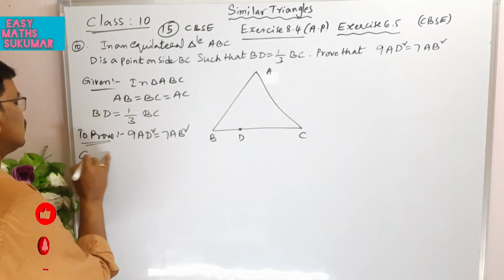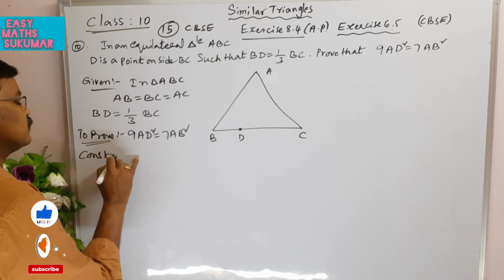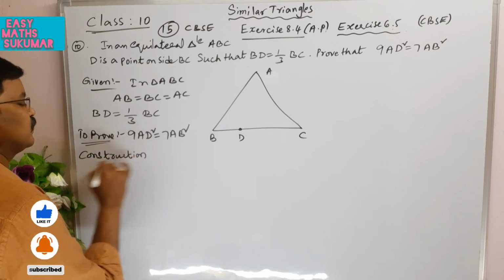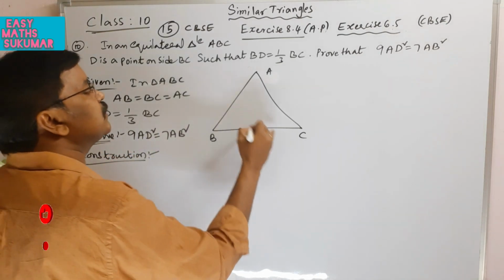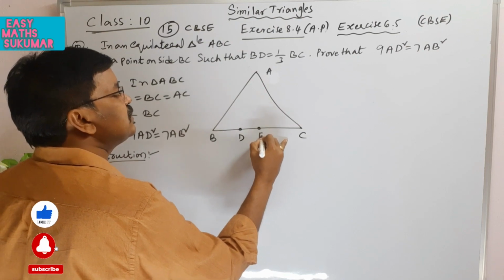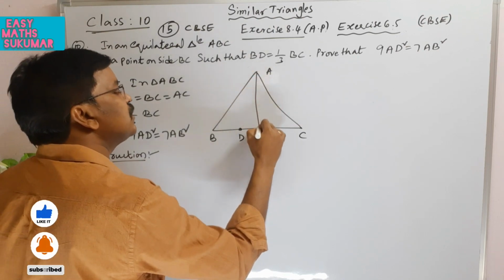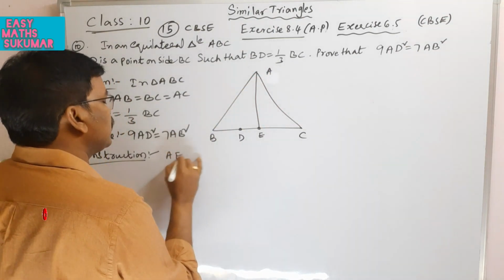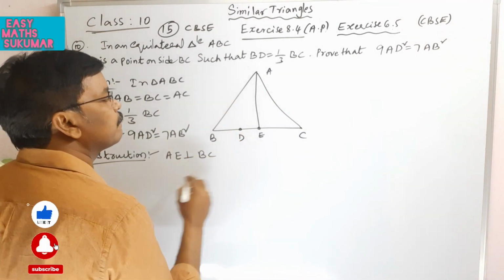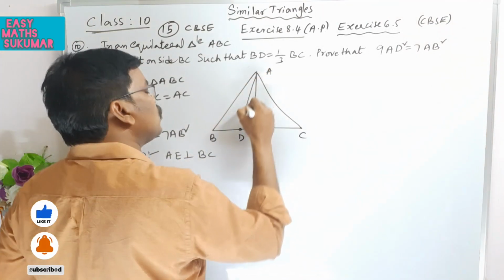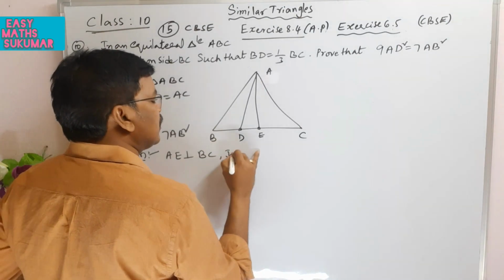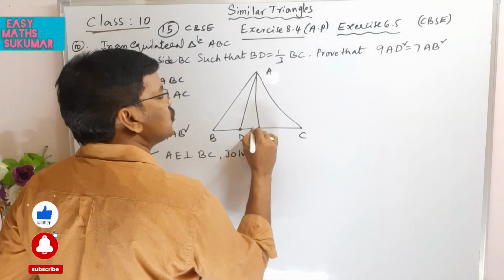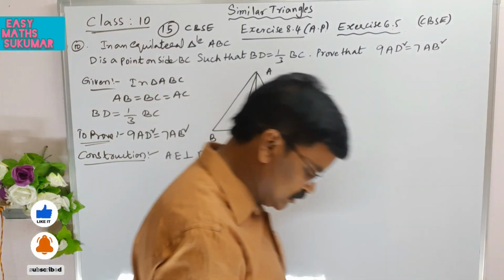Okay, look here my dear students. Now let us do a small construction here. This is E. Just draw AE perpendicular to BC. So again we join AD also. Actually this AE is perpendicular to BC.